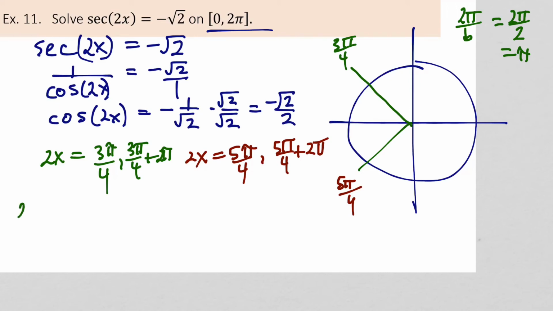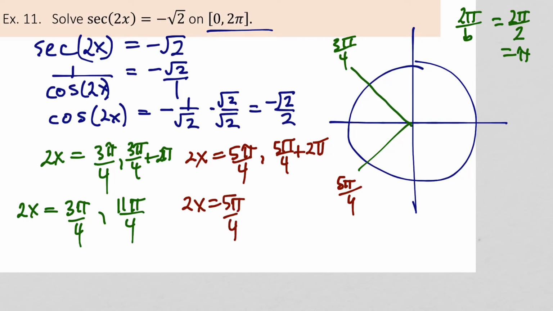So I'll have 2x is equal to 3 pi over 4, and so 2 pi is 8 pi over 4, so that would be 11 pi over 4 for that second angle. And then for the red ones, I'll have 5 pi over 4, and then 5 pi over 4 plus 8 pi over 4, which is 13 pi over 4.